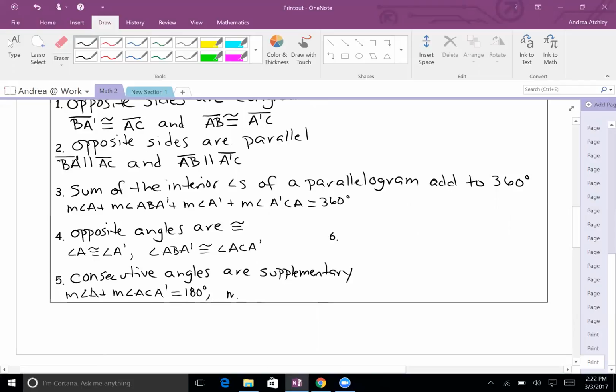And then the measure of angle ABA prime plus the measure of angle A prime equals 180. And we have two others that would do the same thing. So all the angles that are right next to each other are supplementary angles. They add to 180.